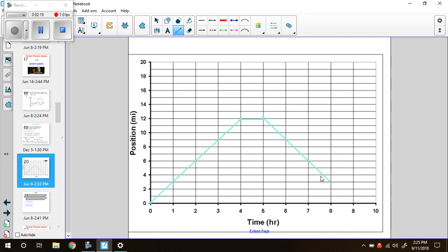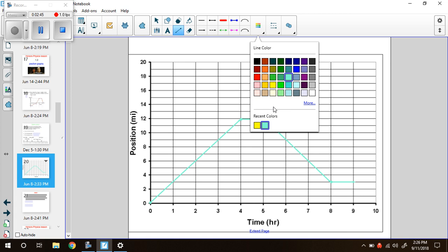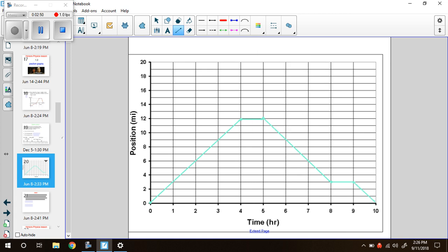He stays there for an hour. Oops. Got an extra little leg there. There we go. Sorry about that. So he stays there for about an hour before he goes home again in an hour. So the whole trip takes him 10 hours.